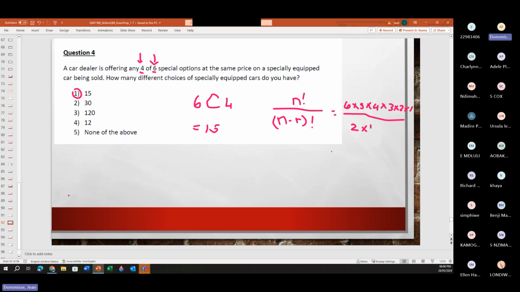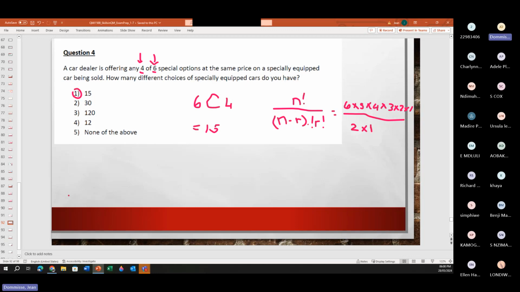Sorry, I am using the wrong formula. It must have an r factorial as well. I was first writing down the permutation formula, which is n factorial over n minus r.